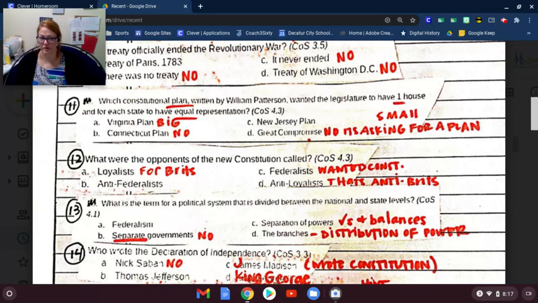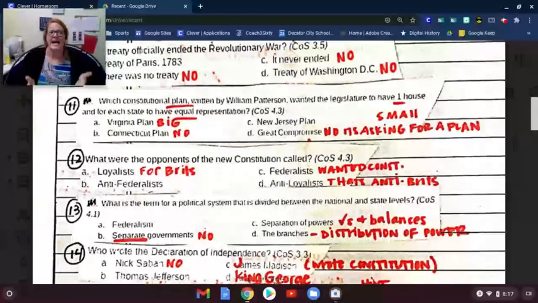That's anti-British. Why are we talking about the British again? It can't be that. You're talking about the Constitution. So you've got B or C, and one of them says anti. And this is opponent. Opponent. That's someone you're fighting. Like when you're playing a basketball game, your opponent is the other team. So they are fighting to win the game. Okay? So anti. Got to go with that.